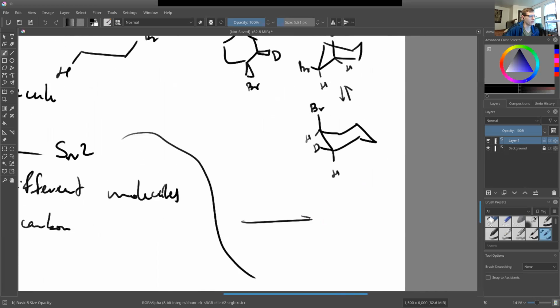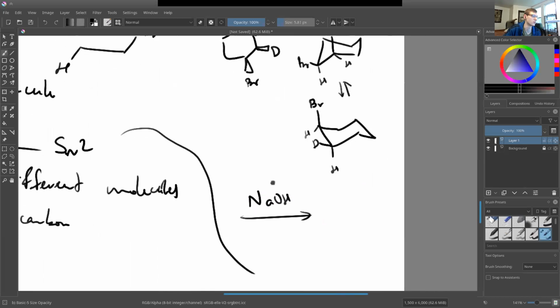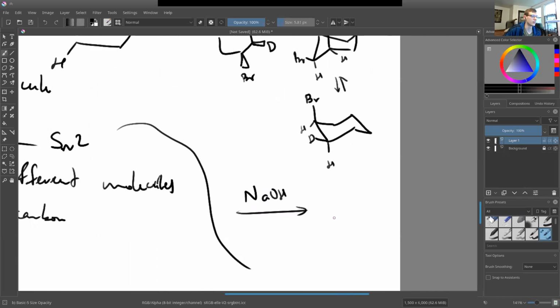Okay, now if we want to do E2, we give it a good base for E2, weak nucleophile, sodium hydroxide is a good one. Now if we do this, we're going to pull this off. It's going to go up here. Let me do this in a different color.